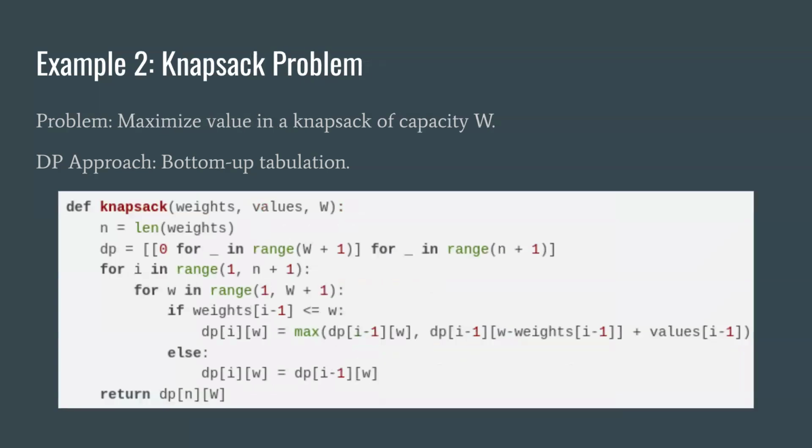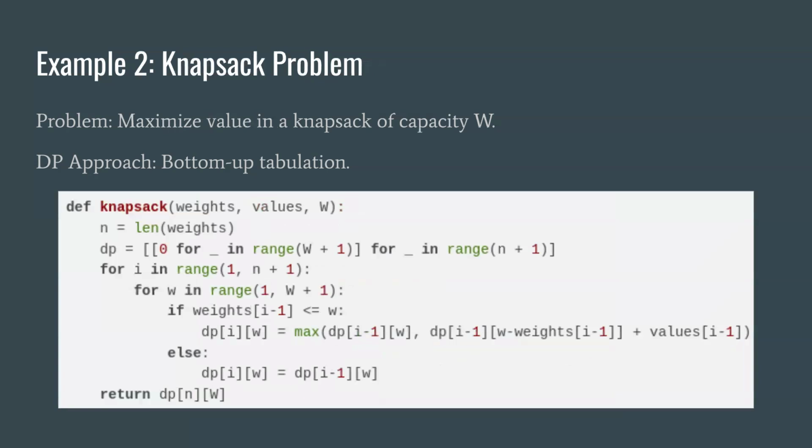Example 2, knapsack problem. Given weights and values of n items, what we want to do is put these items in a knapsack of capacity W to get the maximum total value.